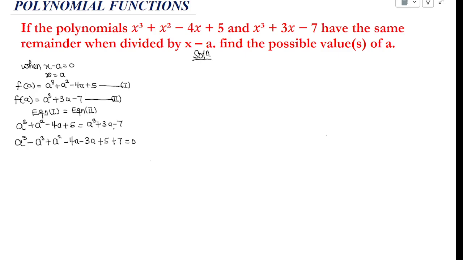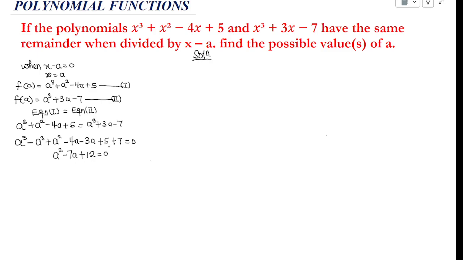I just brought everything to the left hand side and equated it to 0. Okay, so this gives us 0. Then we have a squared, this is negative 7a, then plus 12 equals 0. So this is what I have as my simplified version. Okay, so we have a squared minus 7a plus 12 equals 0.